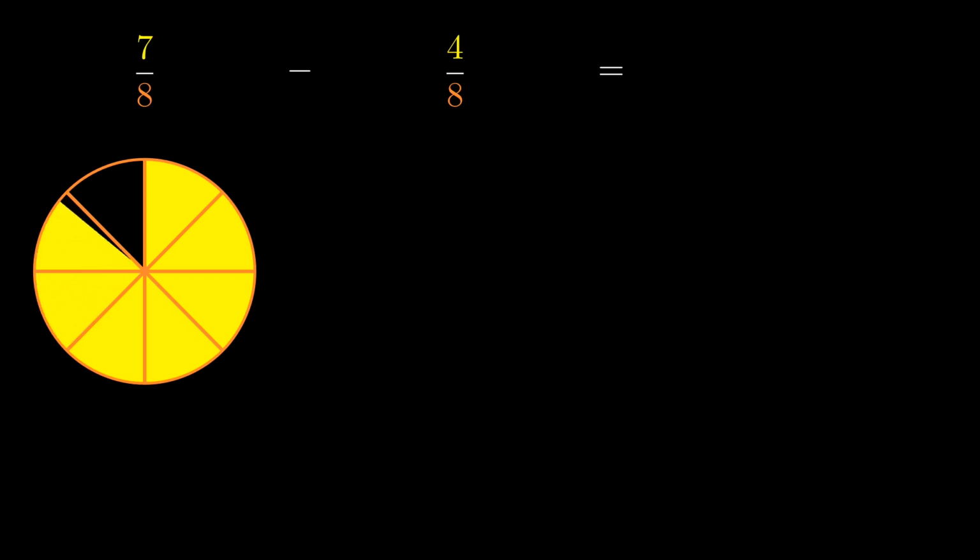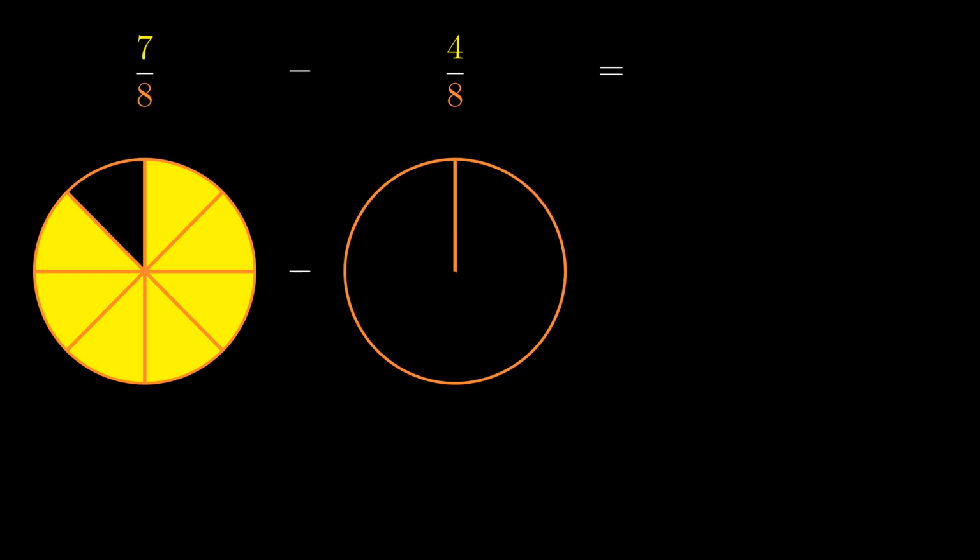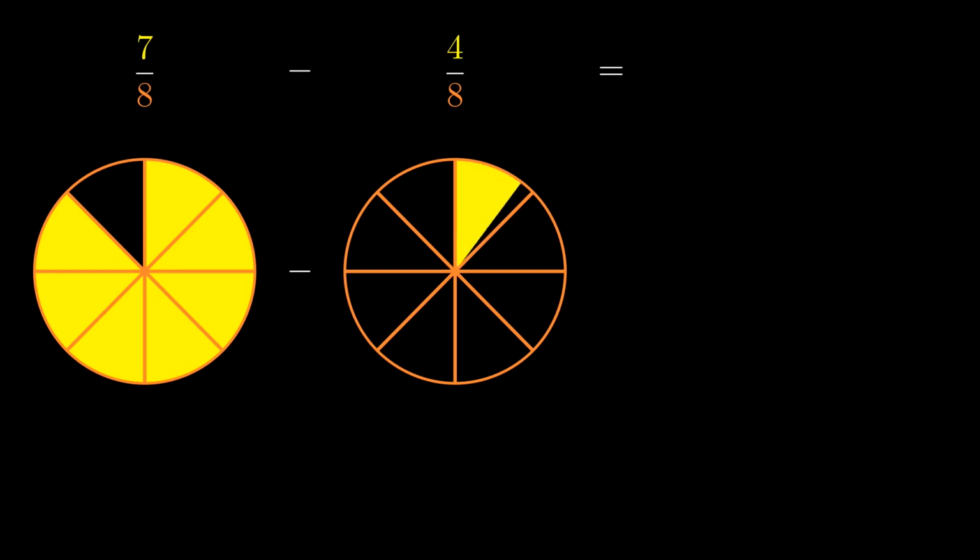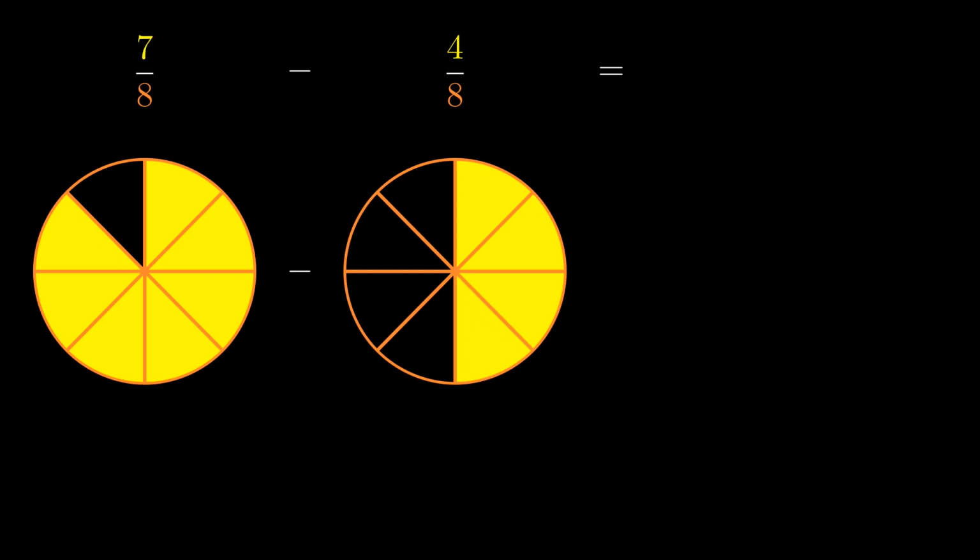So we have 7 slices out of 8 shaded here, minus, and then another pizza, split it into 8 equal pieces or slices, and shade 4 of the slices, as shown here.